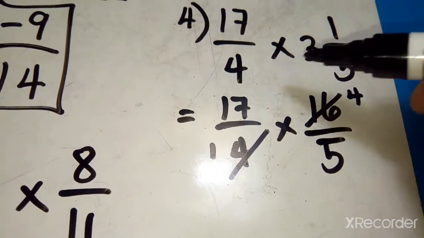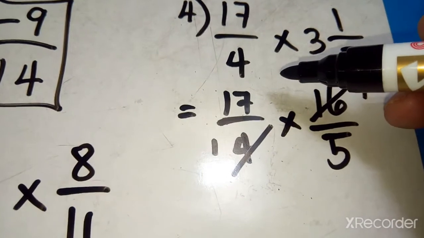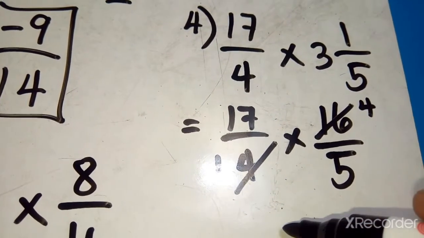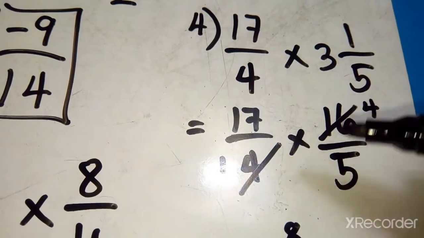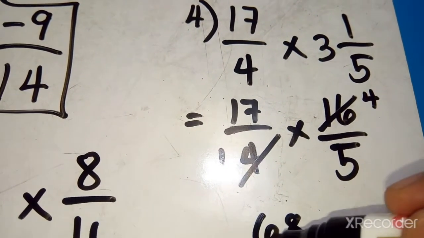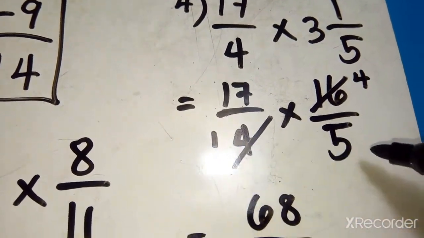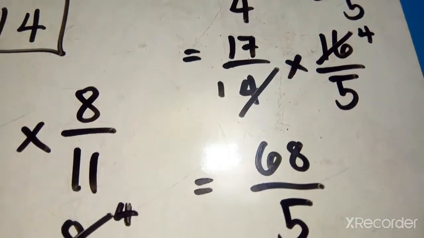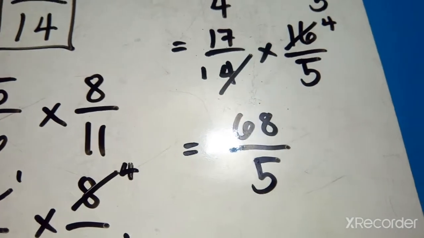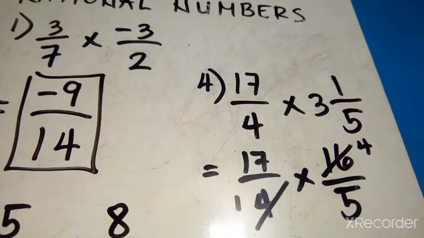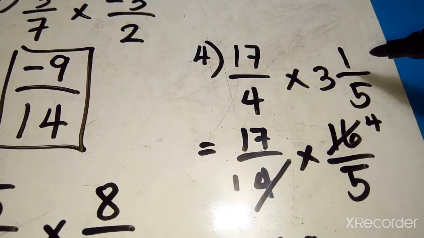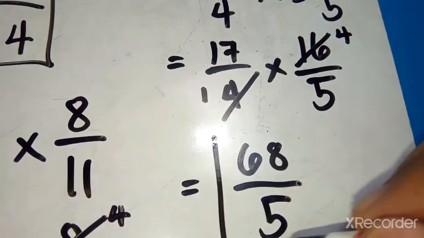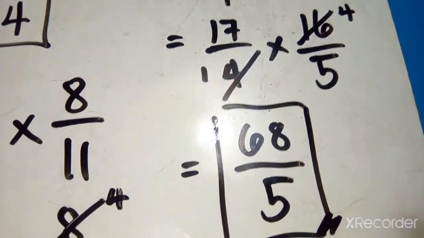So we can now multiply 17 and 4. So that's 17 times 4, so that's 68 over 1 times 5. So that's 5. Okay, so 68 over 5 will be the product of 17 over 4 and 3 and 1 over 5.